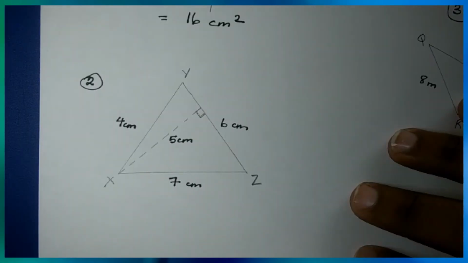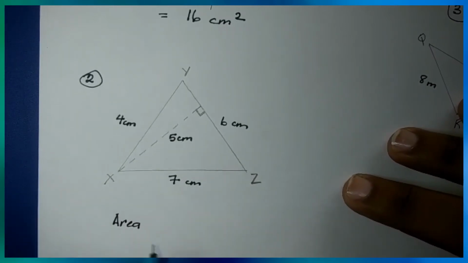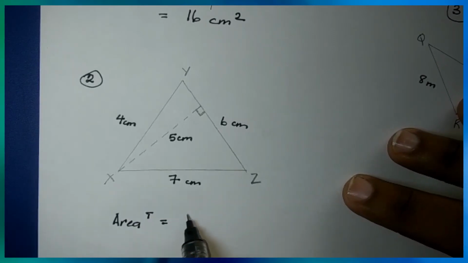Let's look at example number 2 now. We have triangle XYZ, and we have a lot of measurements. But if we're asked to find the area of the triangle, we must try and find the base and the height. First thing, if I'm asked for the area, I'm going to write my area formula. Area of T for triangle is equal to the base times the height, all divided by 2.